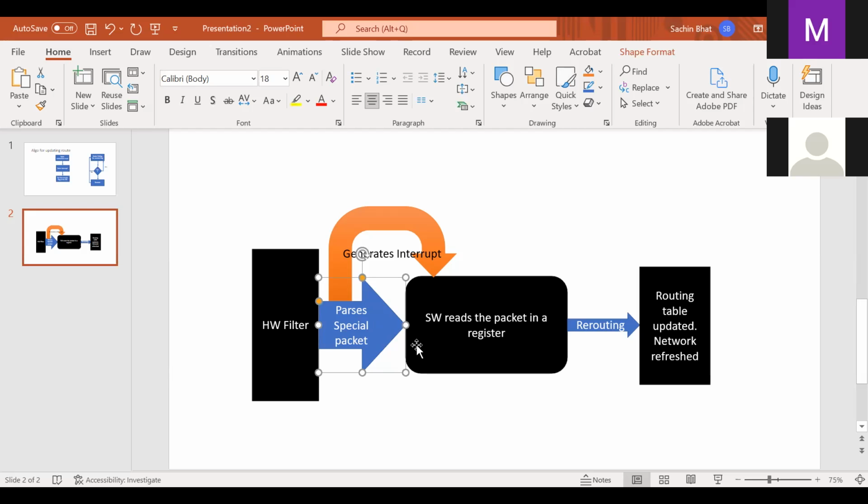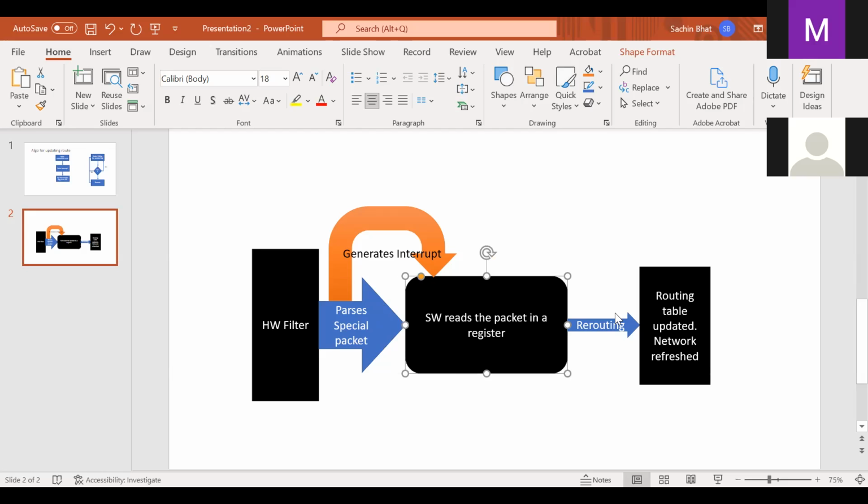Whenever this packet is detected, the software reads it in the register and gets to know the IP address of the corrupted node through a register, and then it starts its rerouting algorithm.